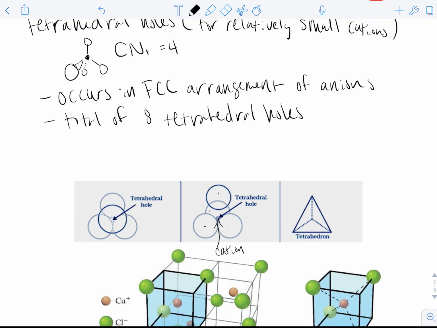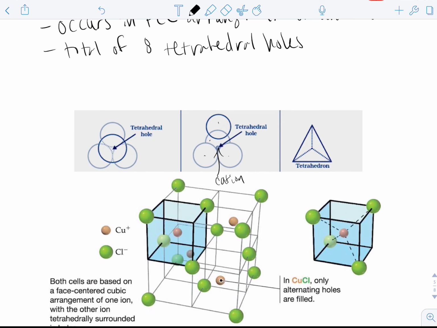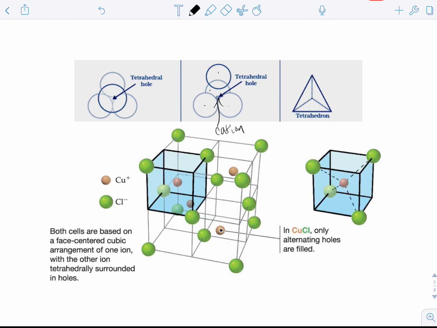So we can hold a total of 8 cations if they're all filled, but of course not all of them will be filled. This is an example, copper chloride, where we have only half of our tetrahedral holes filled. So 1, 2, 3, 4 of those are filled.